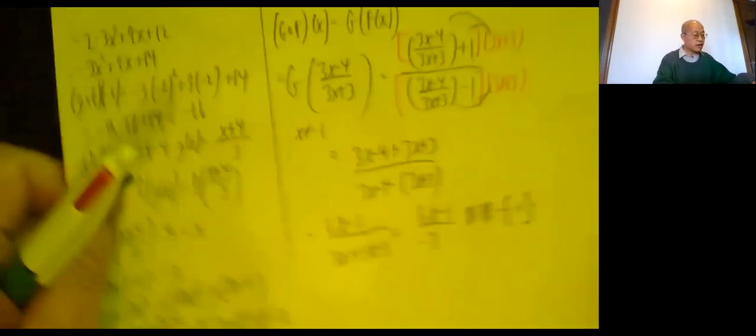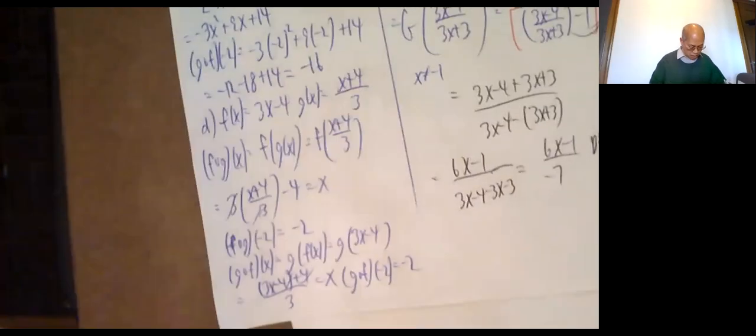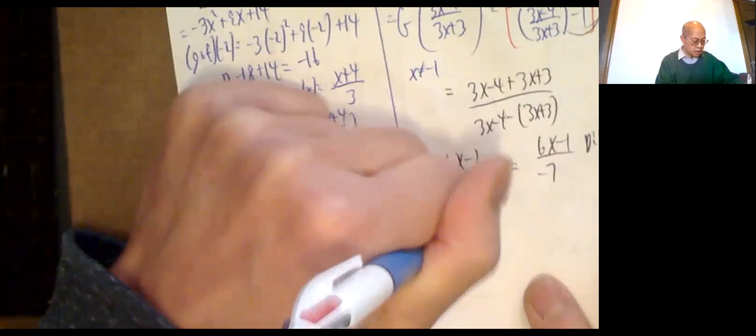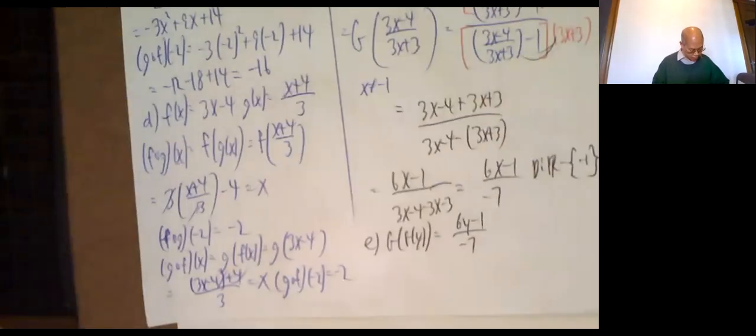Okay, so f of g of x was right here. They say for g of f of y, so E, g of f of y, you just change that to a y. 6y minus 1 divided by negative 7. No big deal.